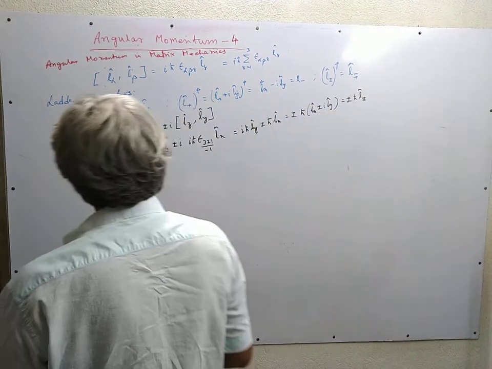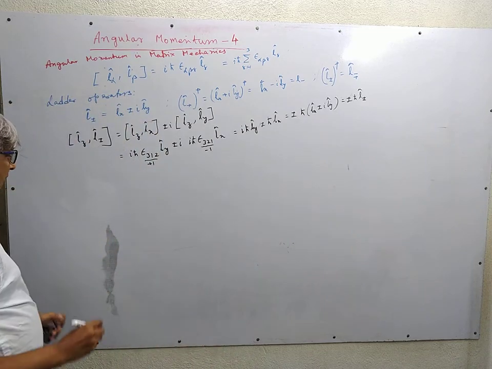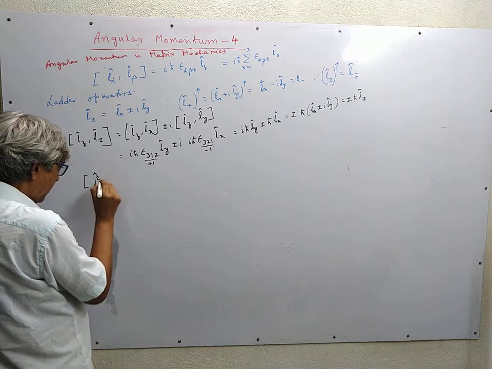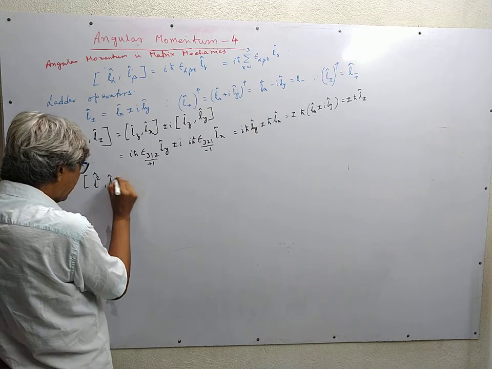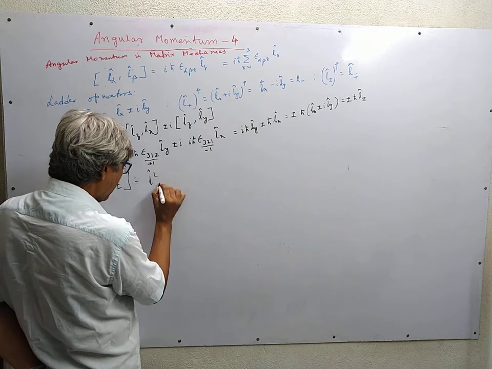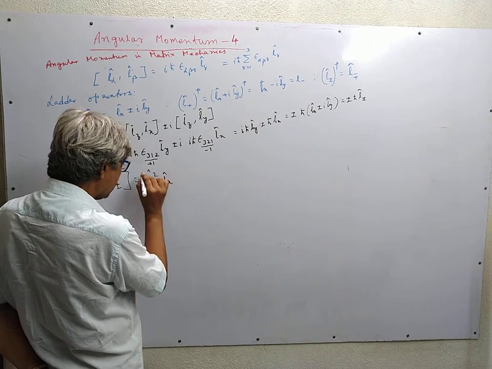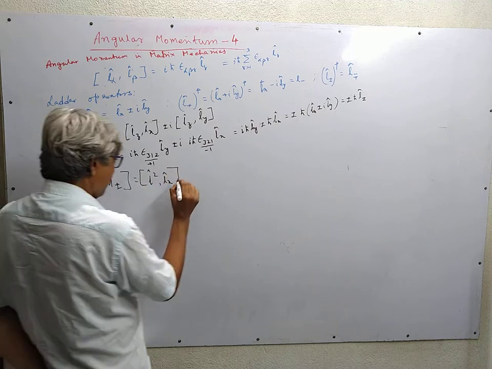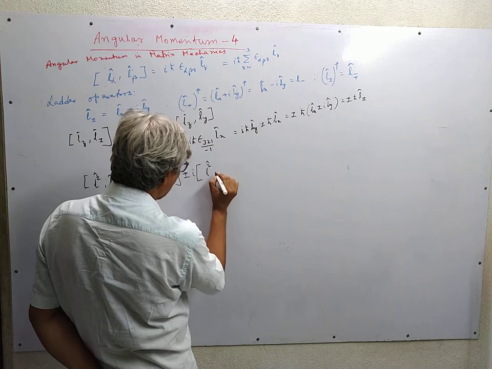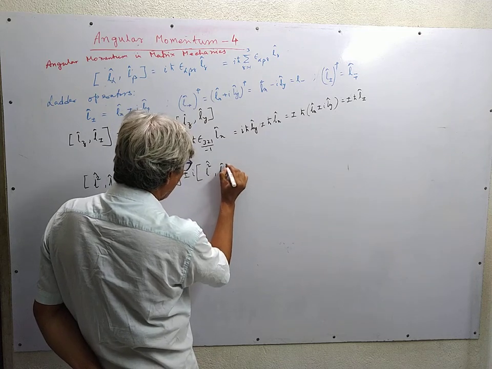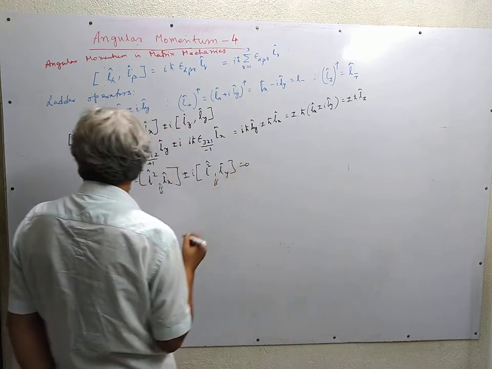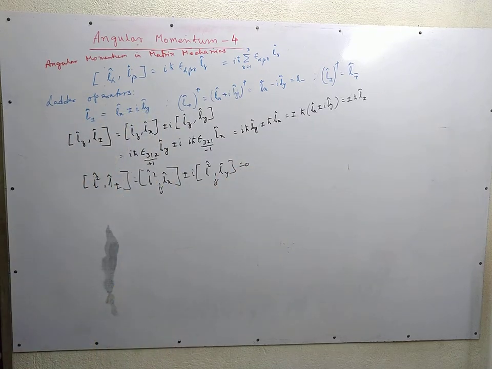So this is the commutator relation of Lz, and we know that L² and L± commute because it is [L², Lx] ± i[L², Ly]. This is 0, this is 0, so it is 0. So L² commutes with L±.